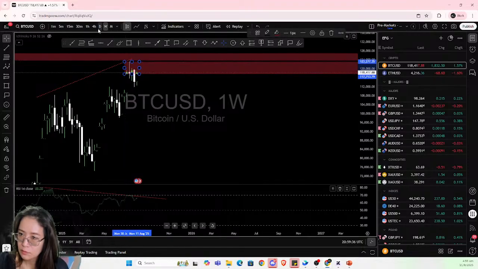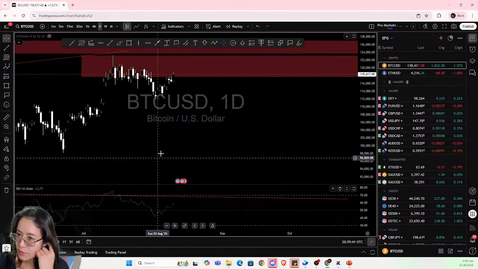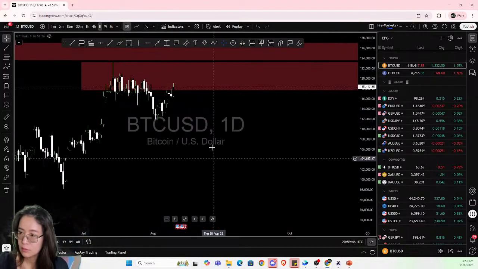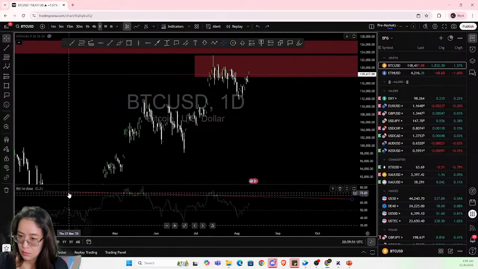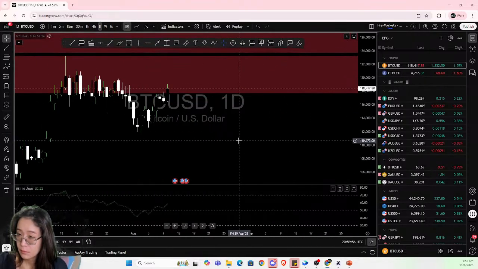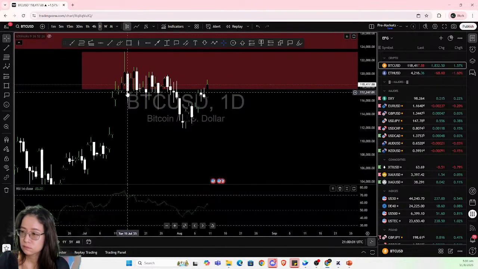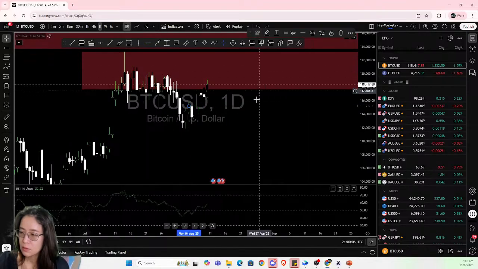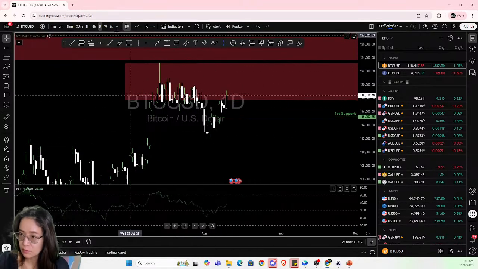You want to find weekly, D1 time frame. Let me remove this. I would say this is my first support. So price is still within the supply zone for weekly.